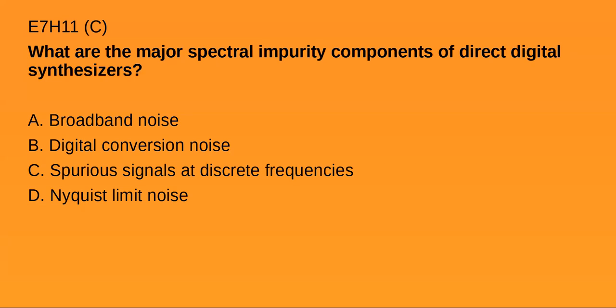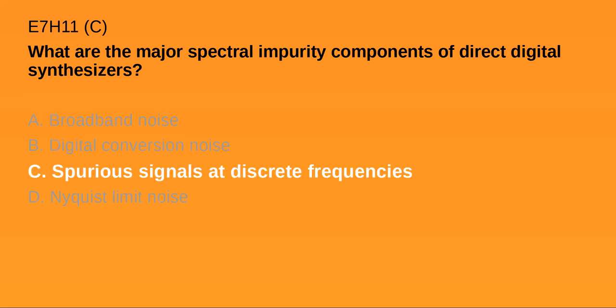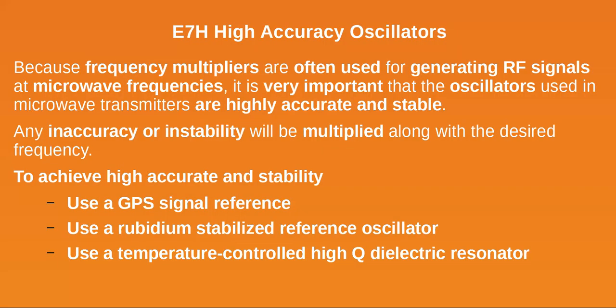What are the major spectral impurity components of a direct digital synthesizer? Spurs at discrete frequencies. And high accuracy oscillators.